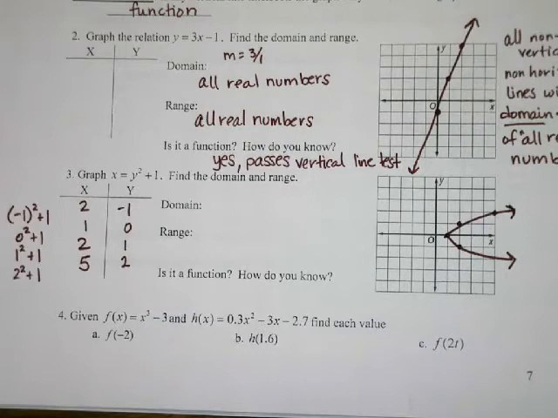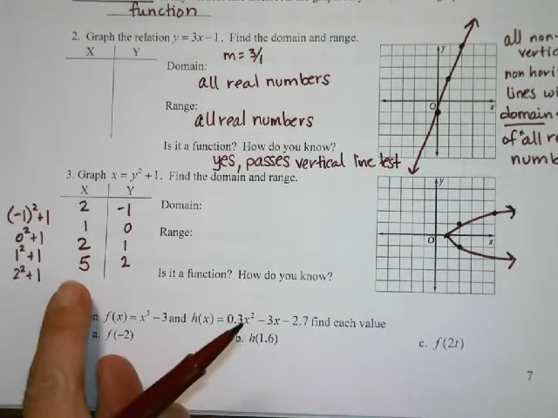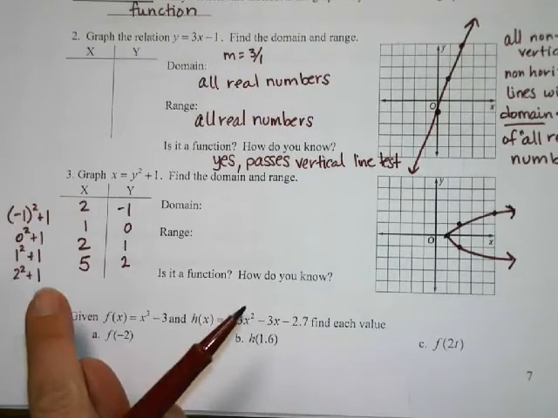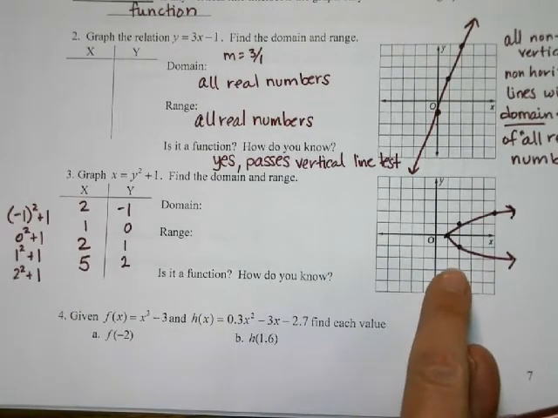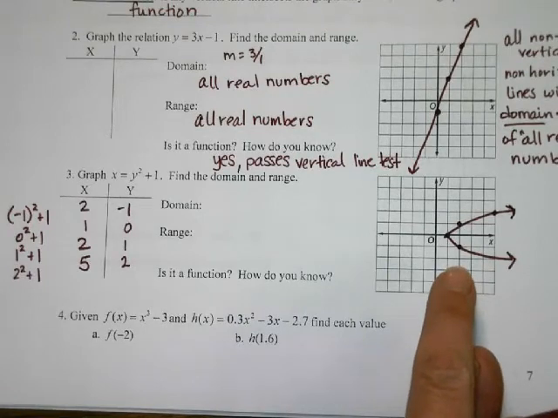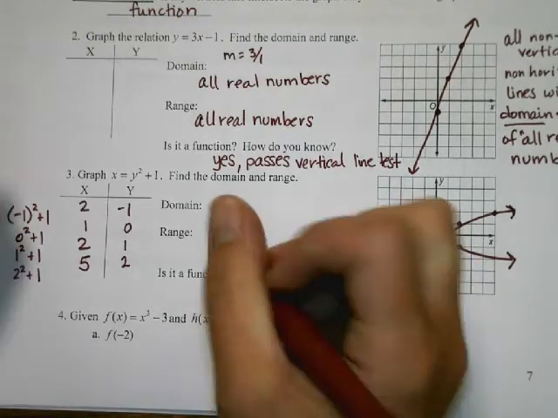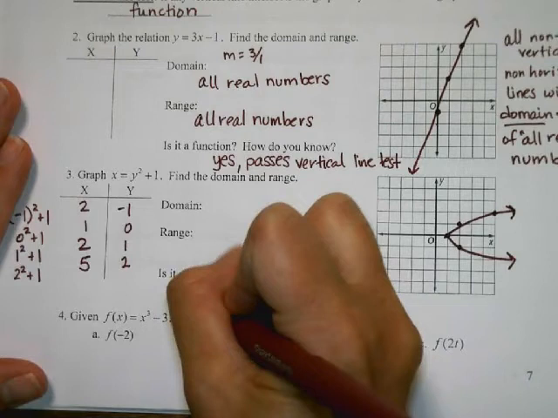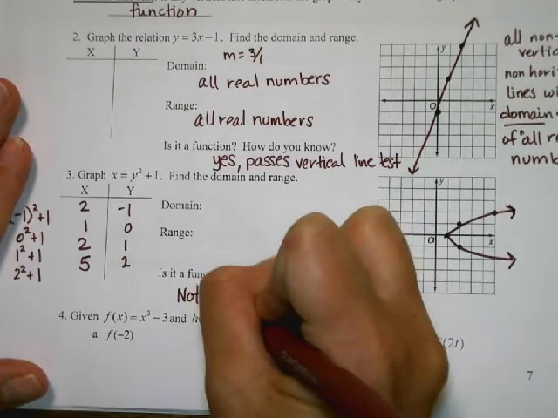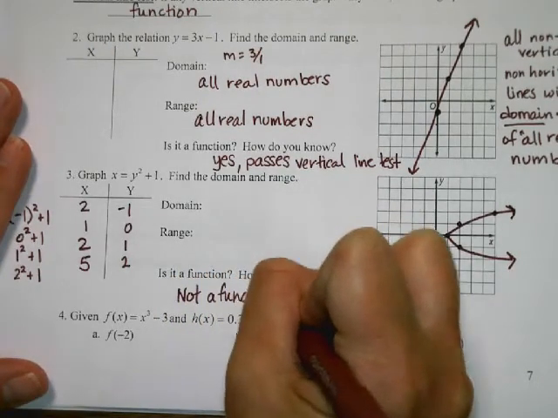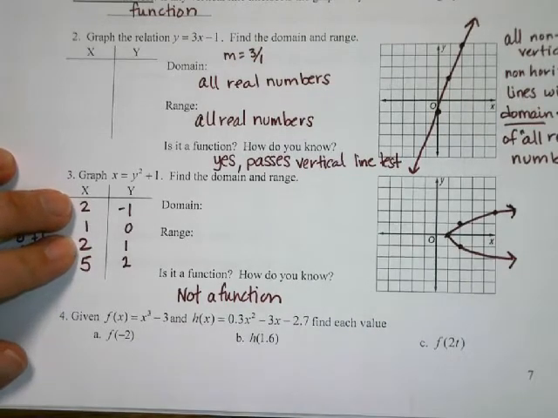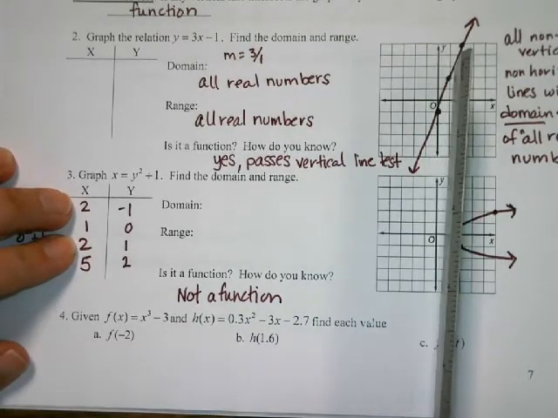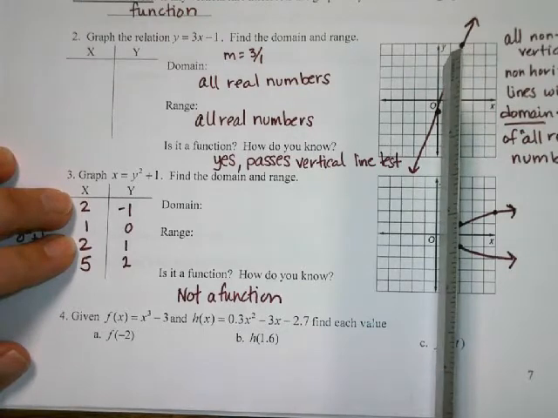Okay, so we determined this guy is not a function. We looked at our t-table over here. Remember, that's just a sampling of the points that are on my graph. Really, it's made up of an infinite number of points. So we've determined this guy is not a function for 2 reasons. My x's repeat in my table, but if you look at your vertical line test, it only touches it once right there on that vertex.